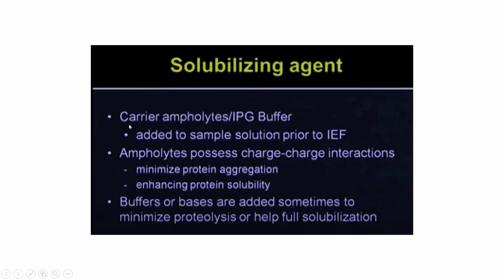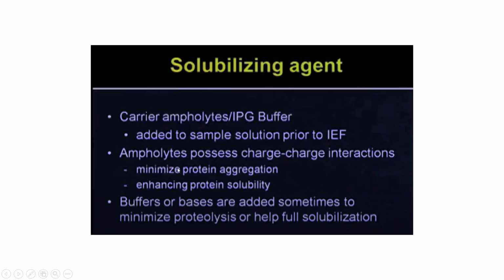And you can use ampholytes as well, which is also present in the IPG buffer, and it is added to the sample solution prior to IEF. So what do they do? They basically minimize protein aggregation and also enhance protein stability before doing the analysis like isoelectric focusing.